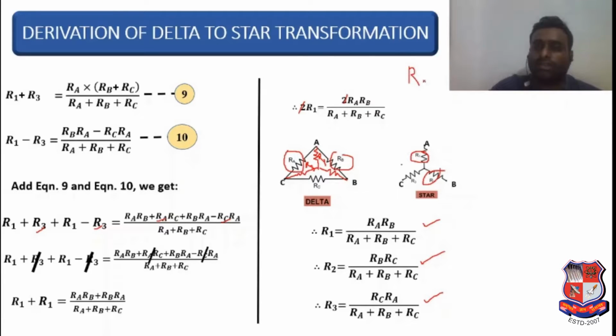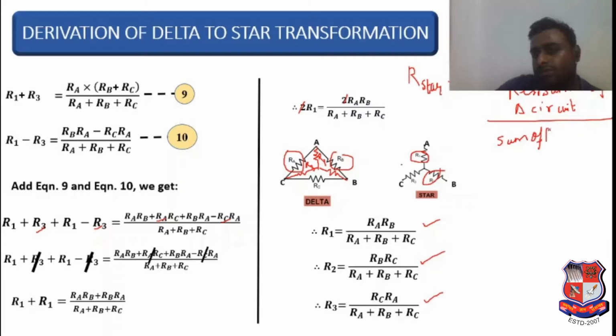So in general, the resistance of a star connected circuit will be equal to the product of neighboring resistances of the delta circuit, or you can say delta or pi circuit, divided by the sum of the resistances in the delta circuit.